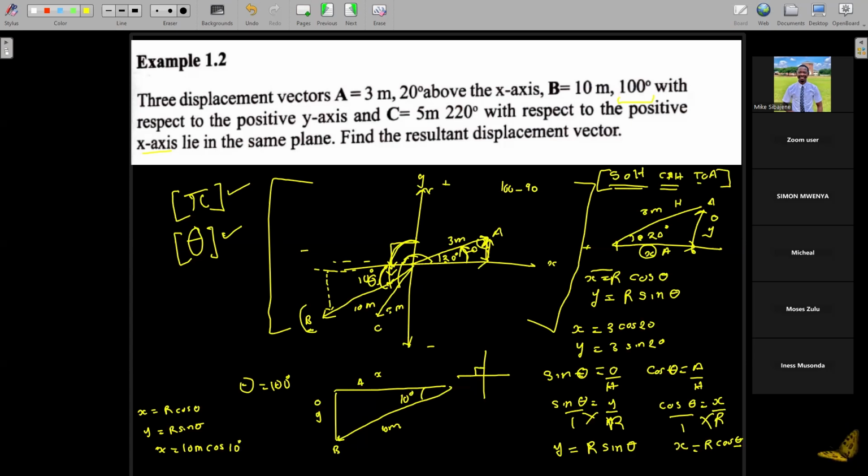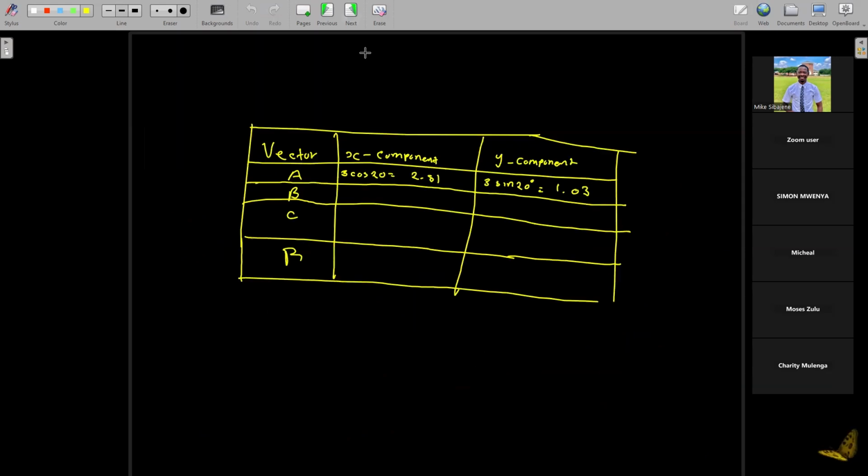Then for the other part, the y component is equal to 10 sine theta, which is 10 degrees. We're going to put them back into our diagram for easy computation. 10 cosine theta, which is 10.